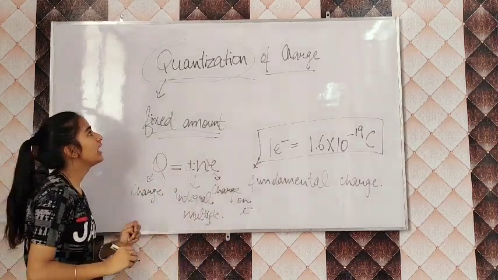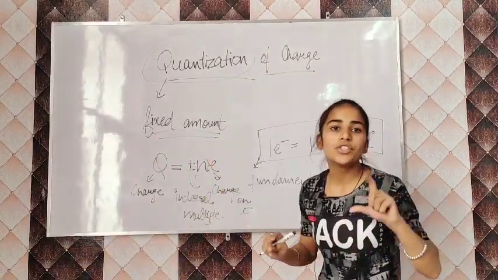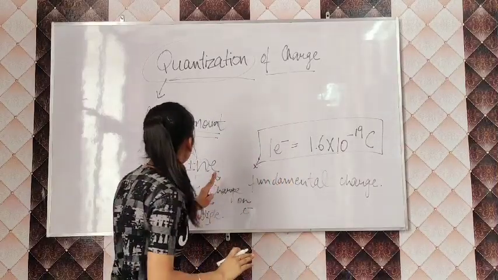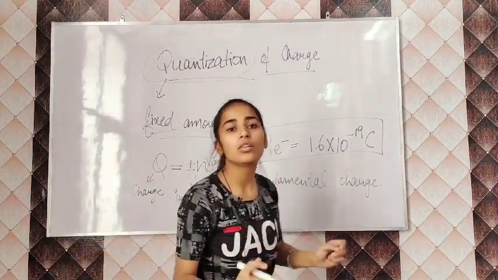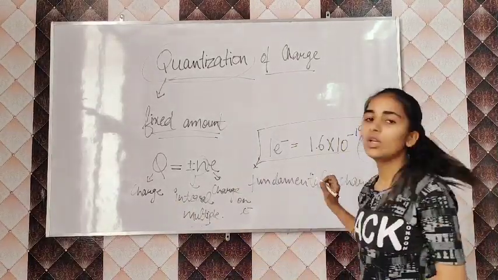We came to know that quantization of charge states that charge is only transferred in integral multiples, not in the form of fractions, always in the form of whole numbers.